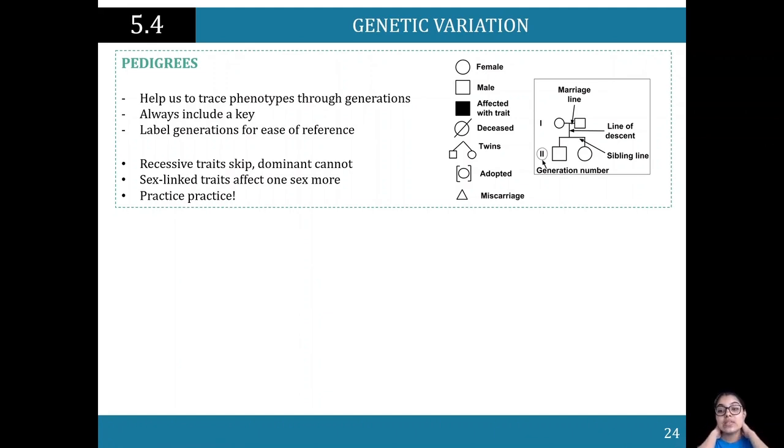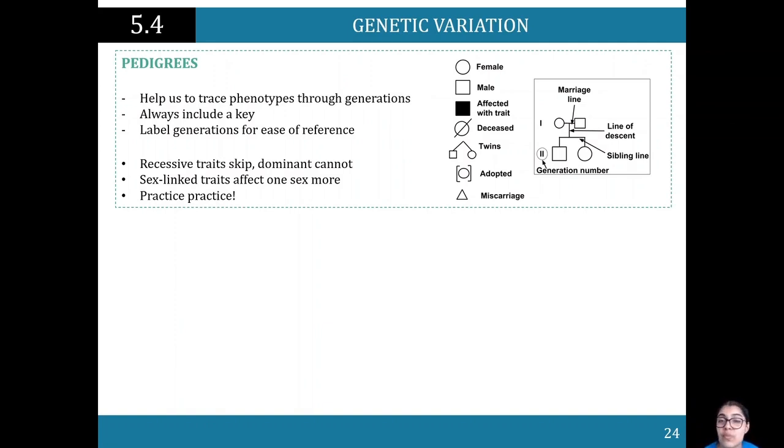Here are some key tips when it comes to actually deconstructing pedigrees and answering questions about pedigrees. Firstly, remember that recessive traits can skip a generation. Dominant traits cannot skip a generation at all.